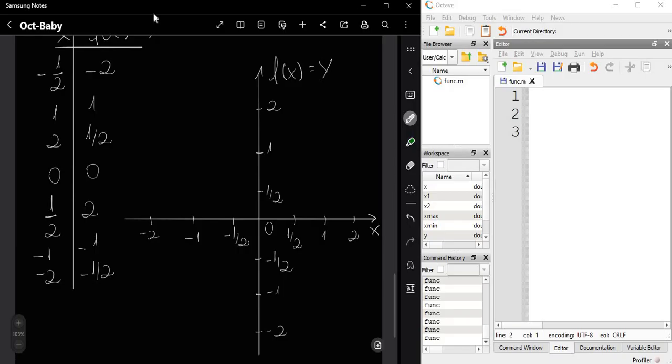Very easy. Again, this is something that you saw in high school. It's a very simple function, nothing complex. But again, my goal right here is to plot these functions in Octave because it can be an intro to signal processing.